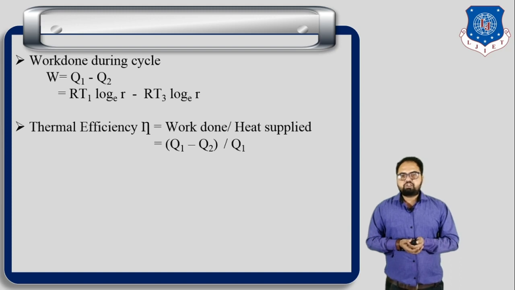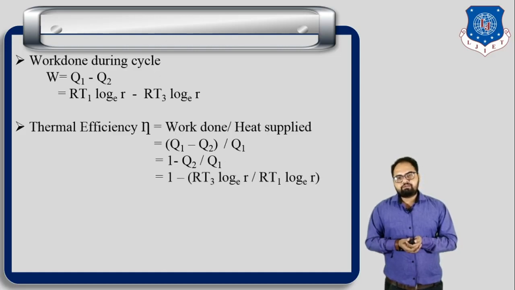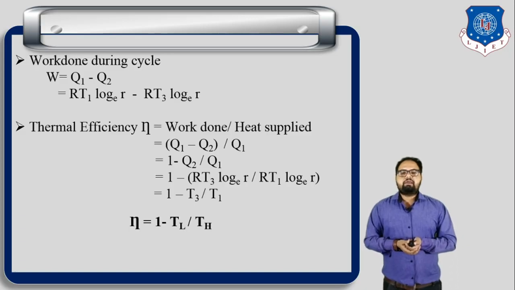So (Q1 minus Q2) by Q1, or (Qs minus Qr) by Qs, the equation becomes 1 minus Qr by Qs, and by solving this we get 1 minus RT3 log r base e divided by RT1 log r base e. R and R will be cancelled, log r base e and log r base e will be cancelled. So the final equation will be 1 minus T3 divided by T1. So this is the thermal efficiency for the Carnot cycle.